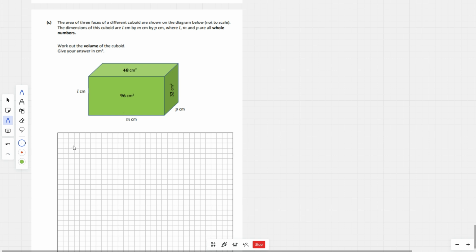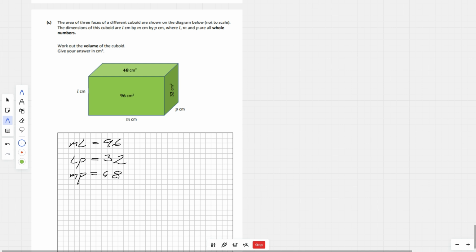M by L will give us 96 centimeters squared. We know that L by P will give us 32, and we know that M by P, so the top, will give me 48. So that's what we know.